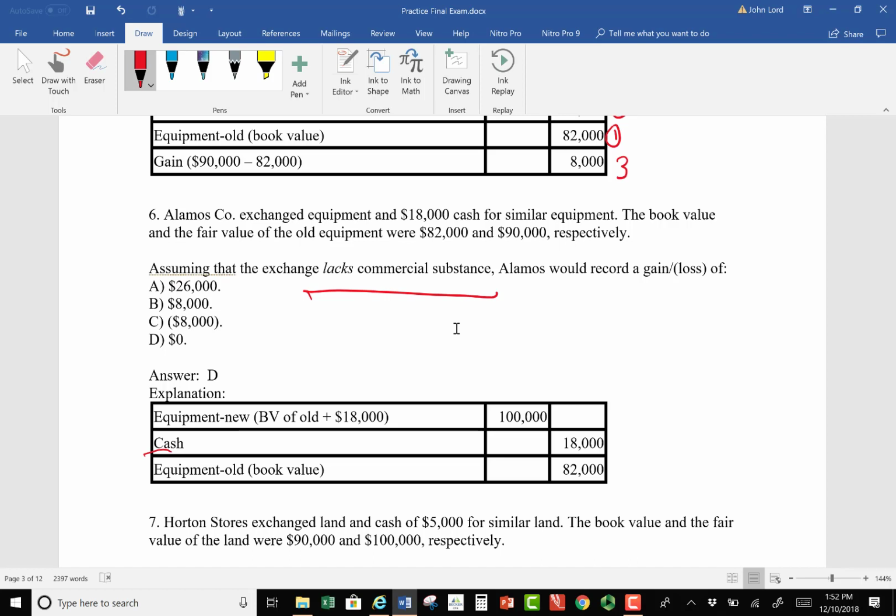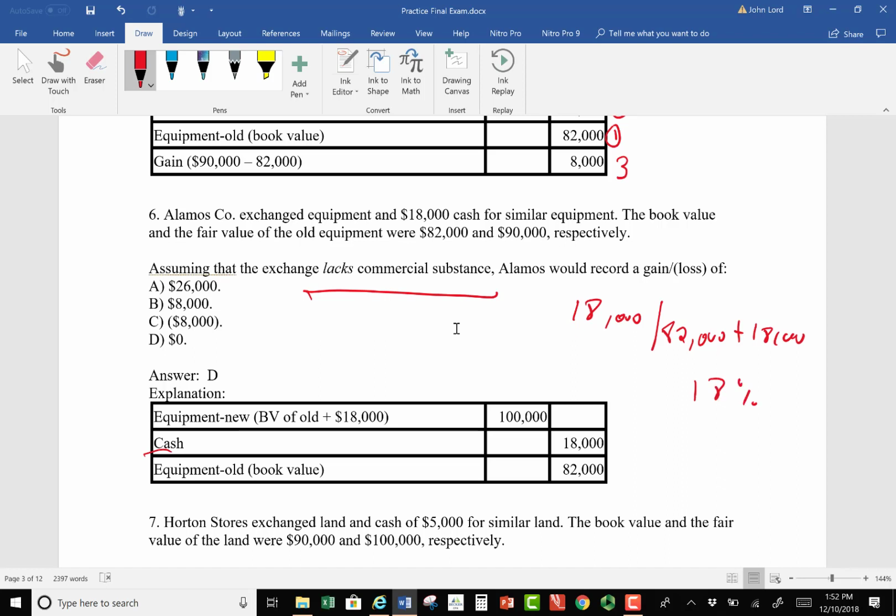If it lacks commercial substance and I paid the cash, I'm not going to recognize the gain unless the cash constitutes 25% or more of the total consideration, which in this case it does not, because the cash is 18,000 and we gave up consideration of 82 plus 18. So it only constitutes 18% here.